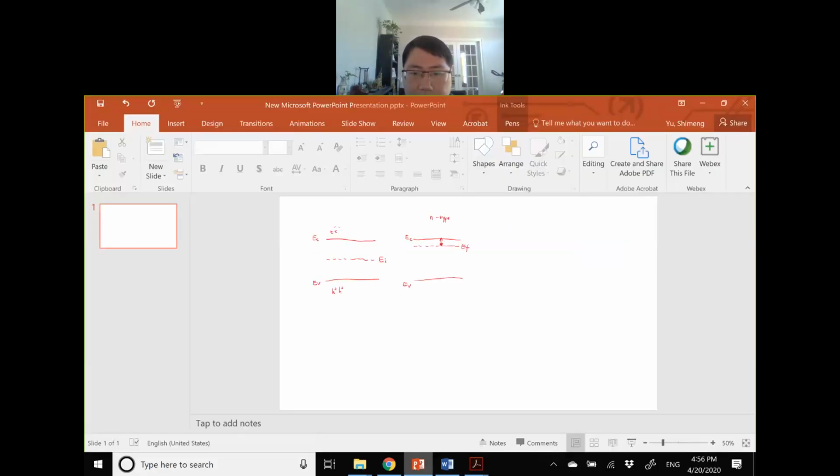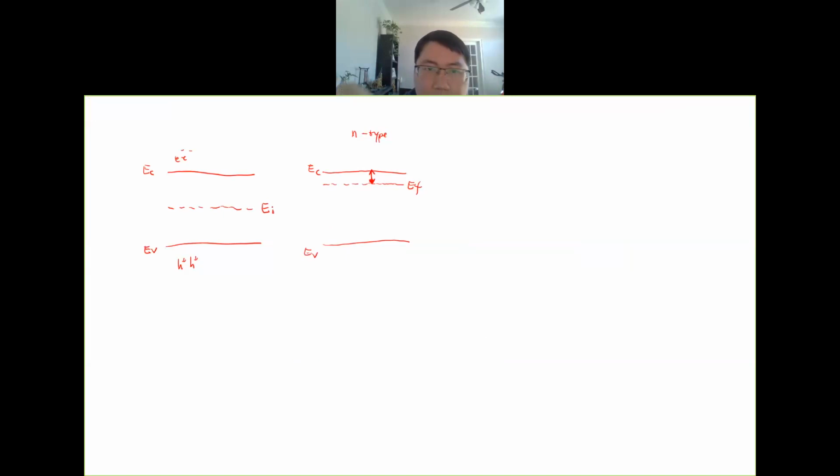So if you do that, let's call it delta E. This distance, EF minus EC, will be kT natural log ND over NC, because you know electron density equals the doping density ND. So this is for N-type.